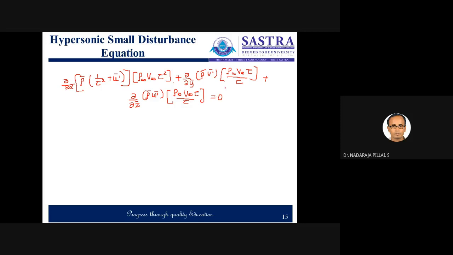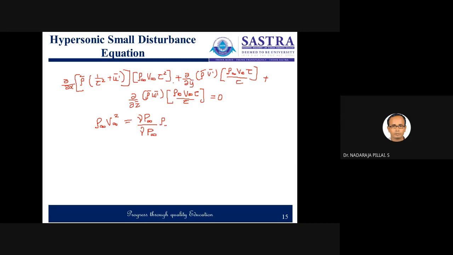So let us say we can write ρ∞ v∞² that can be written as, I multiply and divide by γ p∞.